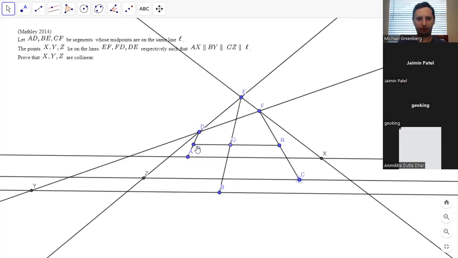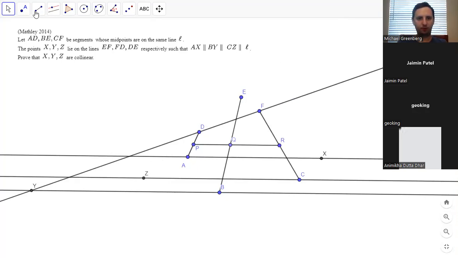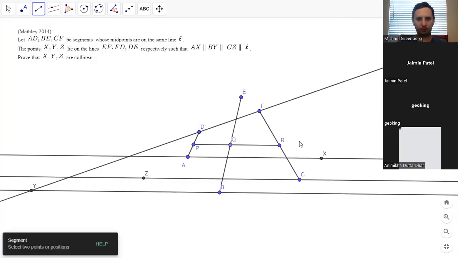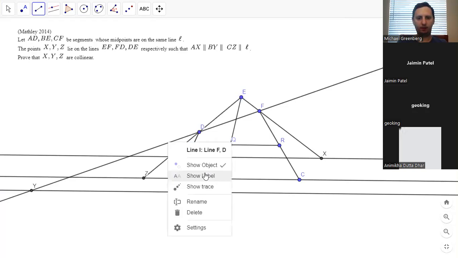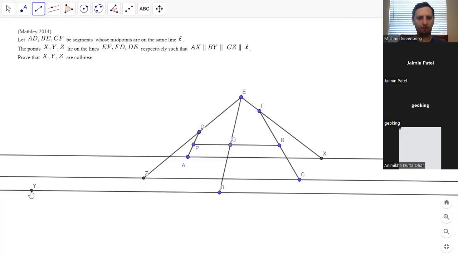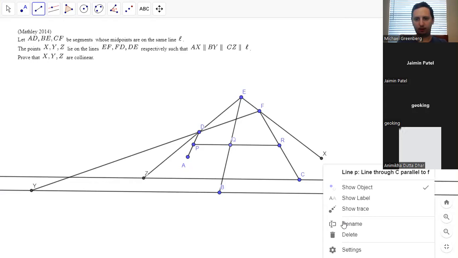That looks like a good diagram. And now I'm going to hide a couple things just because the lines are too long. Here's EFX, EDZ, and then FDY, and AX, CZ, and BY.